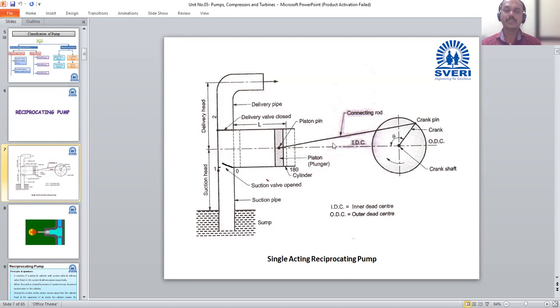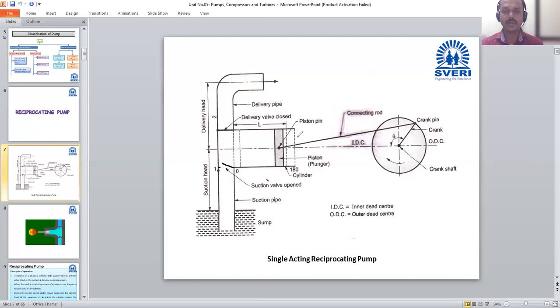Now the piston is fitted into the cylinder. When the piston moves to the outer end, there is one center point where the piston stops for a fraction of a second, and the inner dead center is where the piston again stops for a fraction of a second.